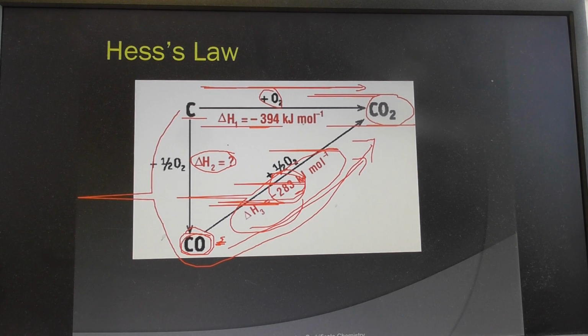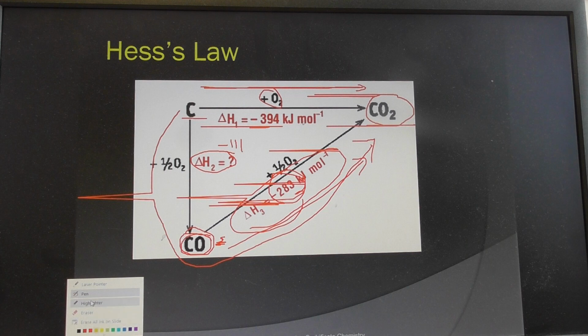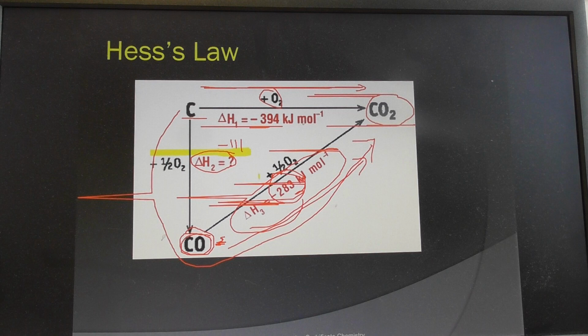Of course, you can do that in your calculator: if you subtract another 111, that will give you it. So these two figures, that 111 and the minus 283, the two of those added together will be equal to this route here.